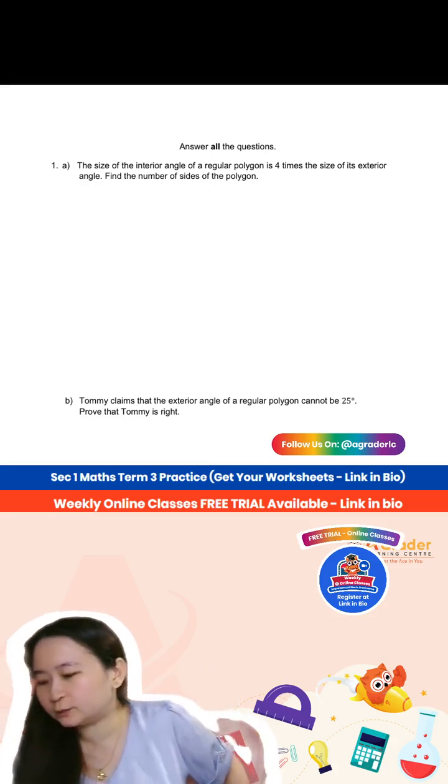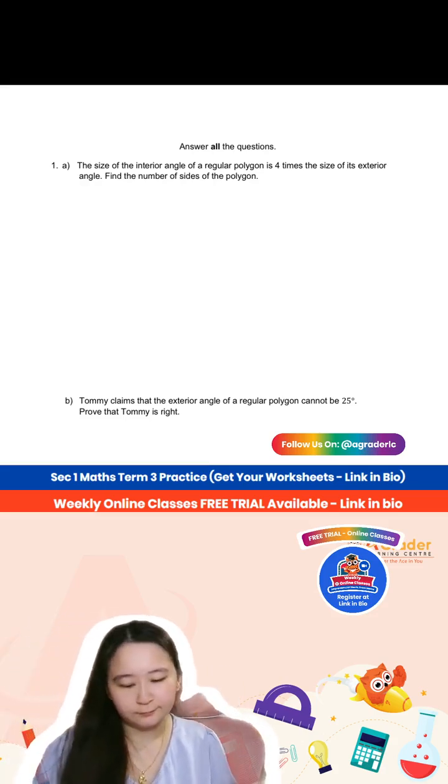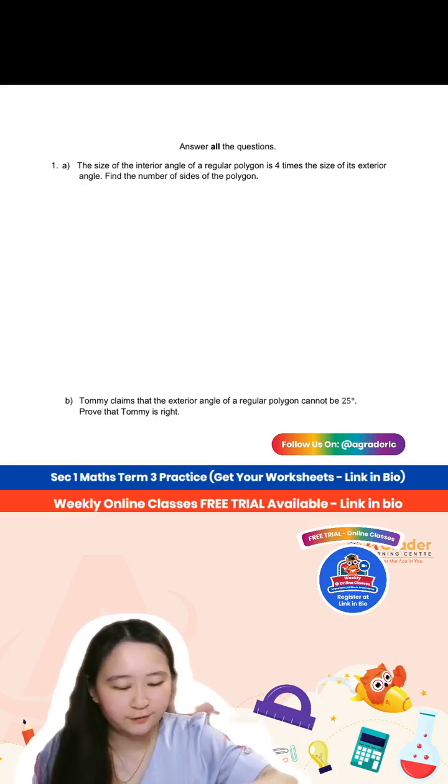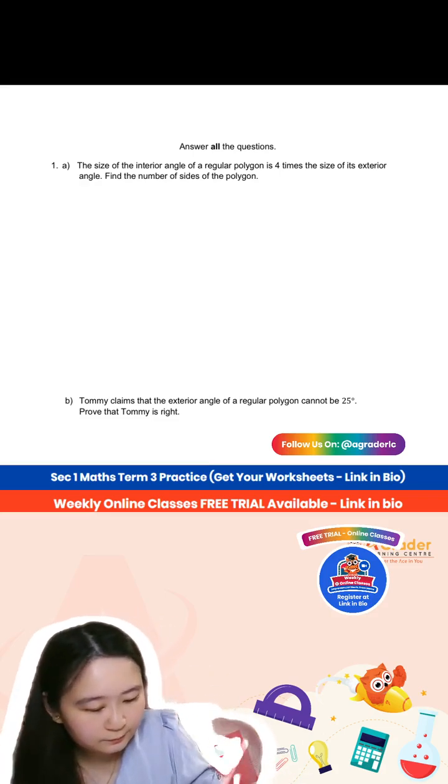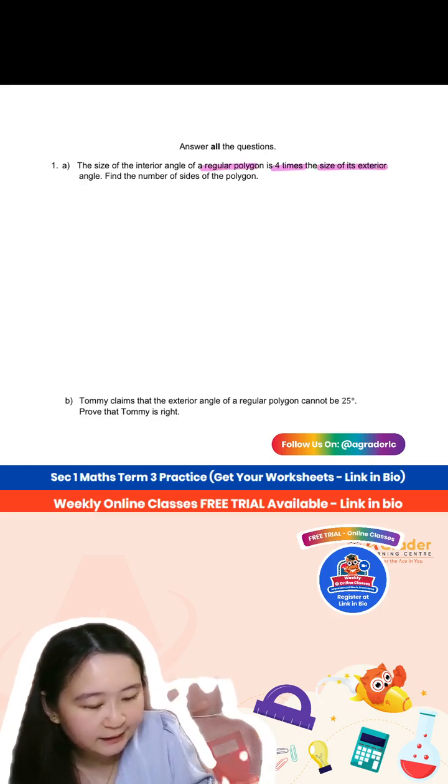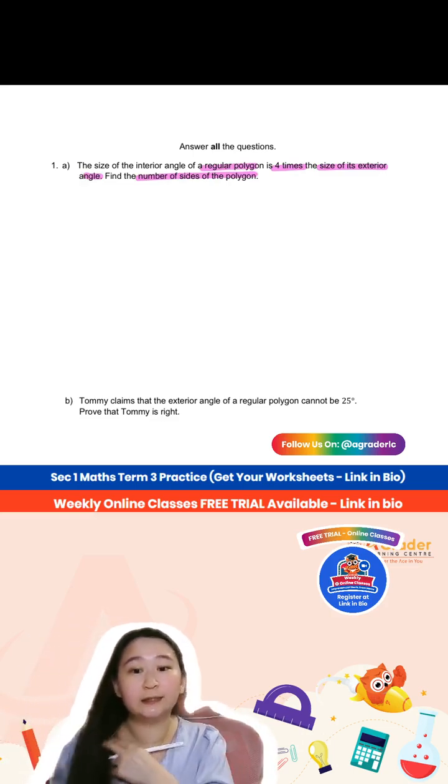Okay, so for question 1A, the size of the interior angle of a regular polygon is 4 times the size of its exterior angle. So find the number of sides of the polygon.